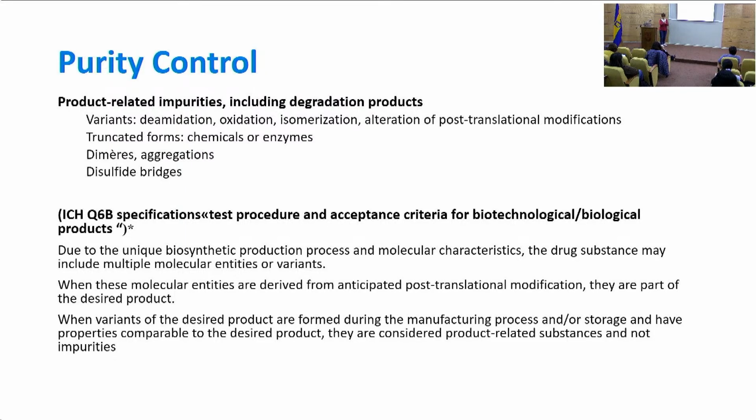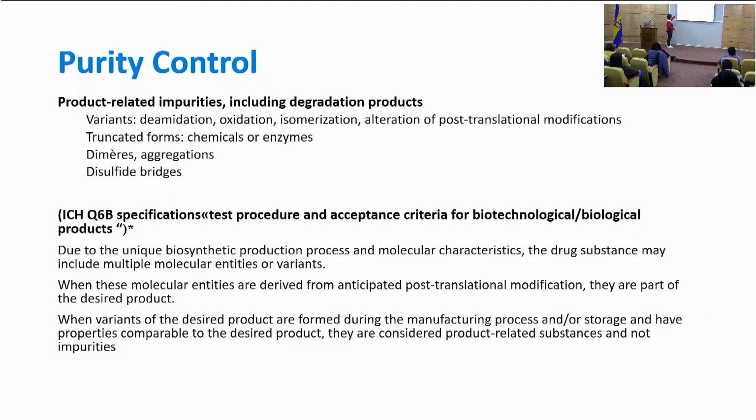But for the proteins, we don't call that generic, because we know that it's not possible to produce a generic, it's called biosimilar. That means it's a molecule that exhibits a similar biological effect.